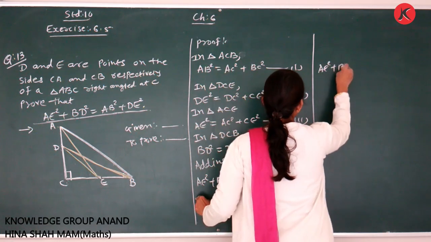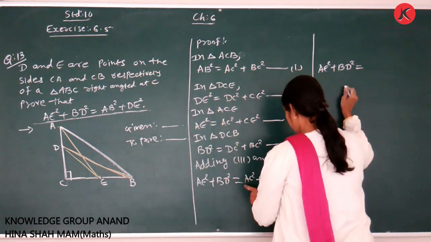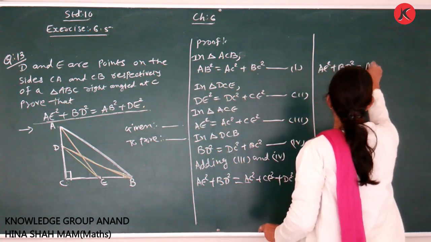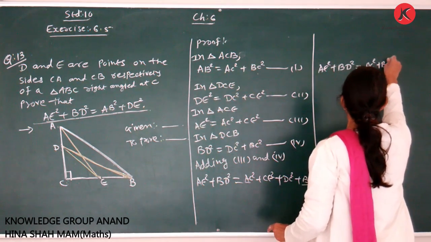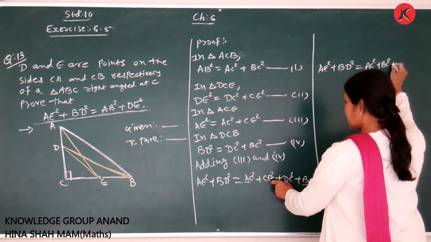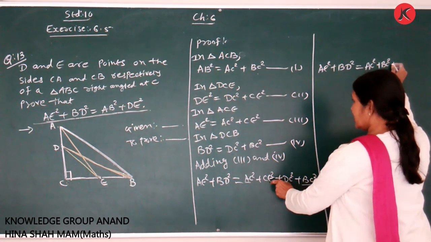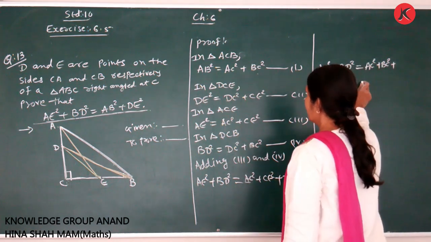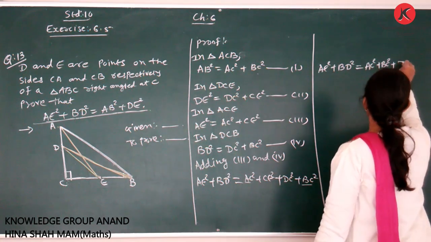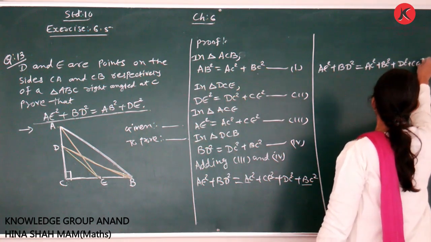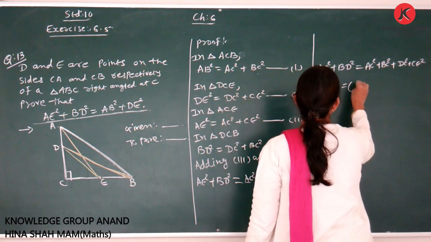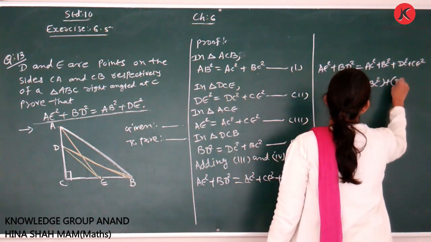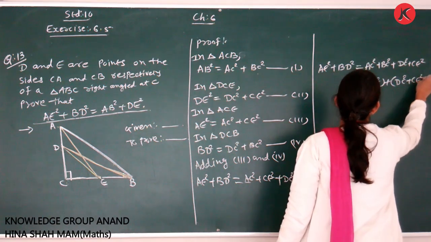AE square plus BD square is equal to AC square plus BC square in one bracket, plus CE square plus DC square.